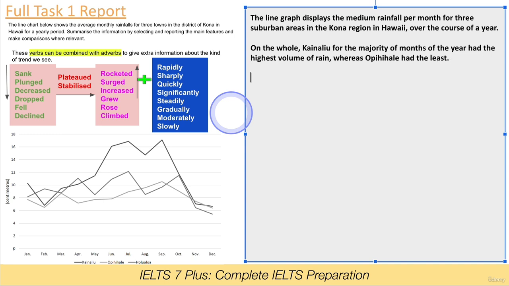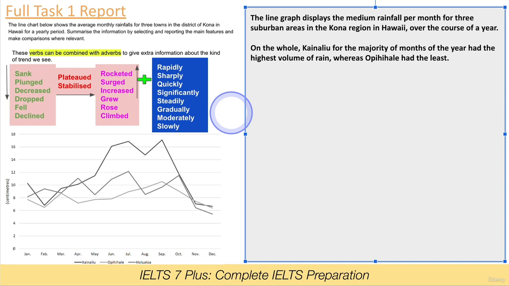Okay, on the whole, Kainaliu, for the majority of months of the year had the highest volume of rain, whereas Opihihale had the least. Okay, so I think that's good. We've got our paraphrasing and we've got our overview there.